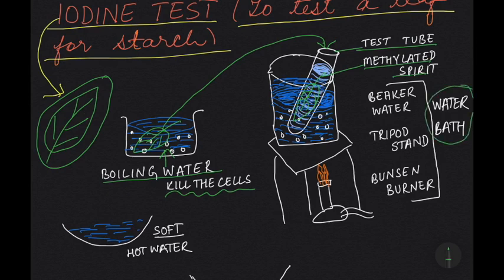When we are talking about a water bath, we are talking about a beaker which contains boiling water, placed over a tripod stand, and there is a Bunsen burner to boil this water. Why are we doing this? We are placing the leaves inside methylated spirit to remove the chlorophyll.